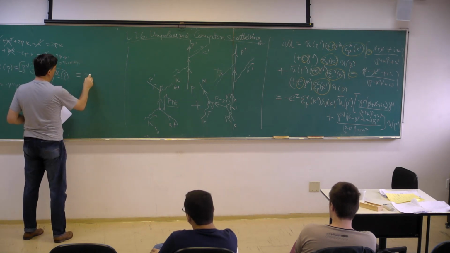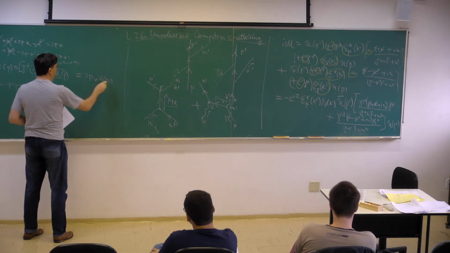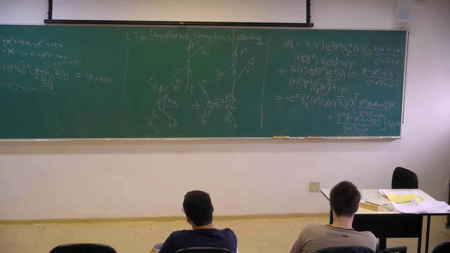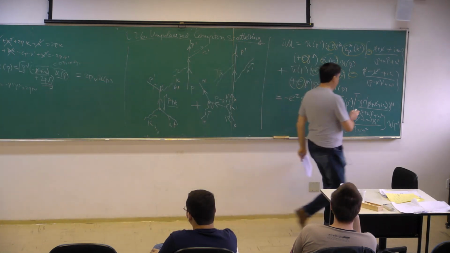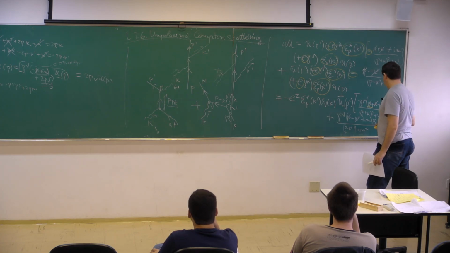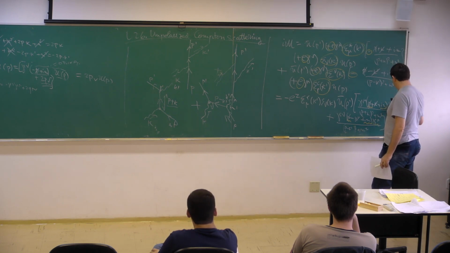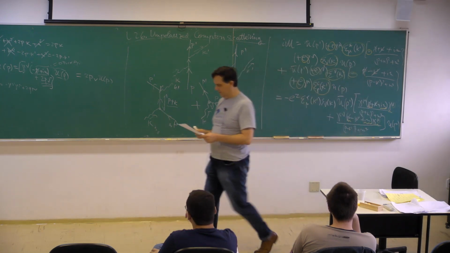So therefore the only non-zero term is the remaining 2p mu u of p. That's the only thing that happens because we have this combination both in the first term and in the second term. The only difference is what we call this gamma: one of them we call mu, the other we call nu.